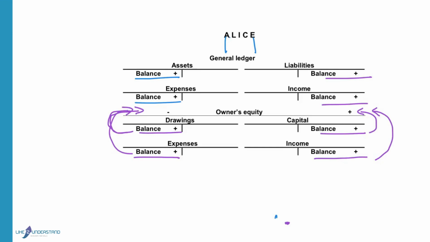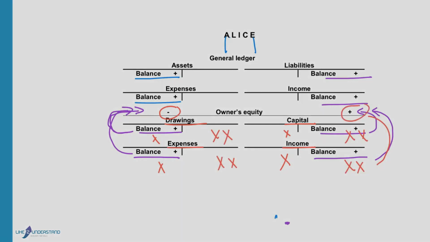Any of these four accounts affect owner's equity, that means capital, drawings, expenses, income. If we record an entry in any of the four on the debit side, it will reduce equity. If we record any entry in any one of these four on the credit side, it will increase equity.